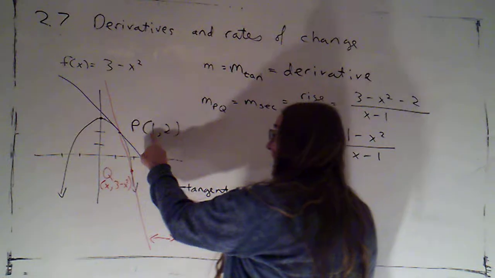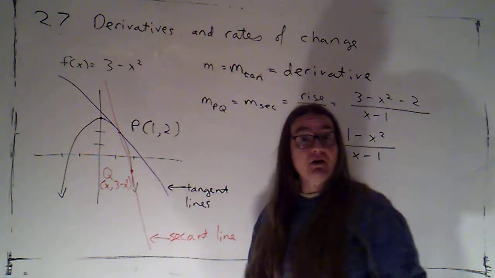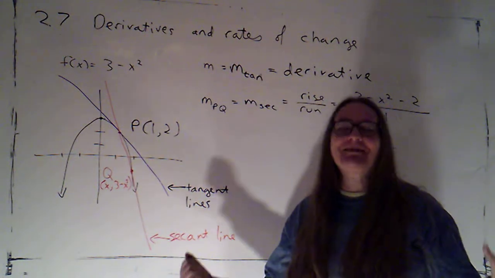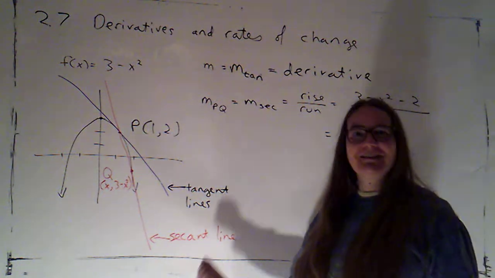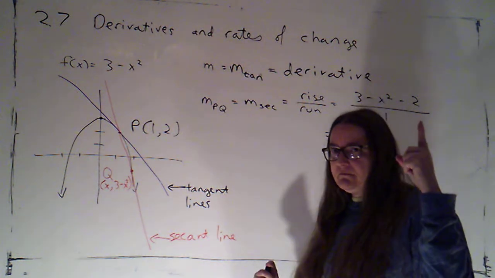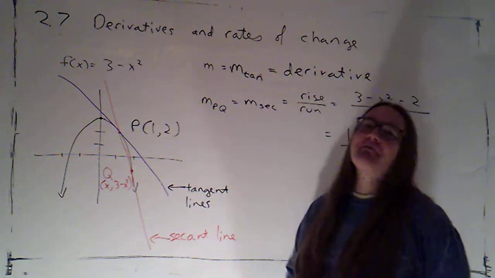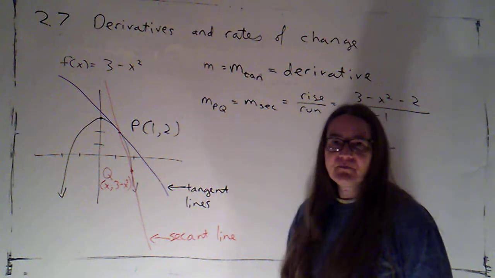Geometrically, if I get to this point, I no longer have two different points, so that I can't calculate the slope. If I have one point twice, that doesn't give me enough information to determine a line.